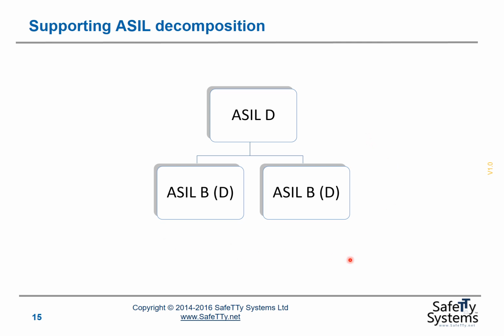And we're assuming that it will be less expensive and more straightforward to implement the software for these two sets of independent ASIL B requirements.